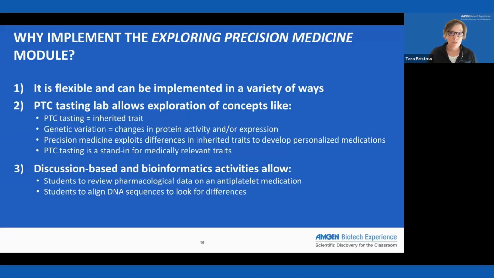The resources, such as the slide deck, can be easily adapted to meet the needs of your student audience. Secondly, the PTC Tasting Lab allows for exploration of the relationship between the phenotype and genotype in the context of something that can help students understand medically relevant traits. And lastly, the discussion-based and bioinformatics activities allow students to analyze data and align sequences.